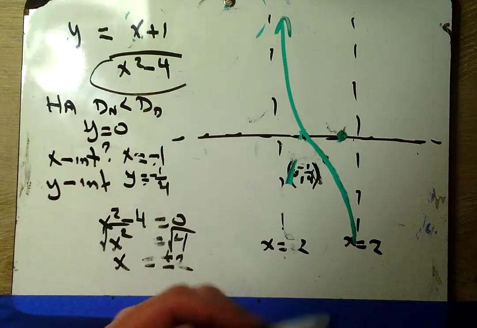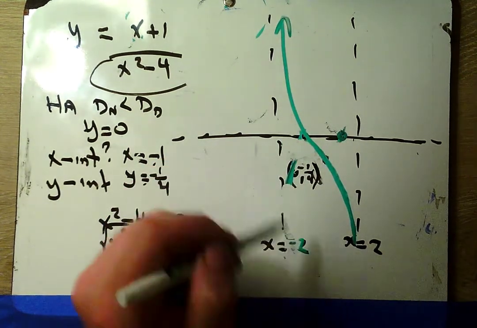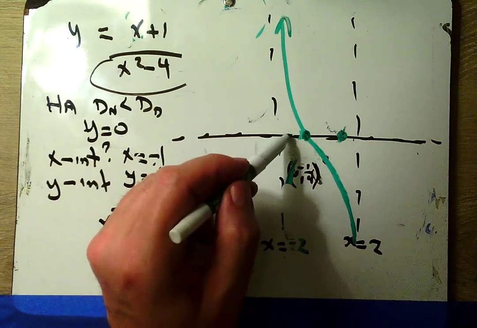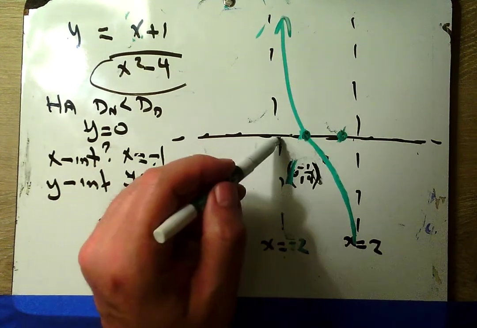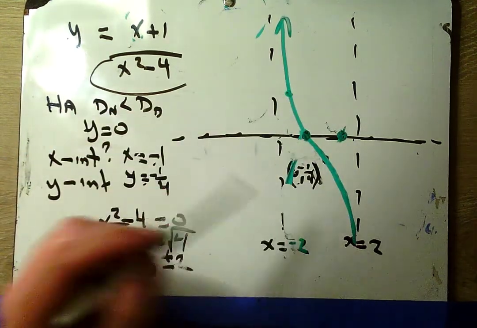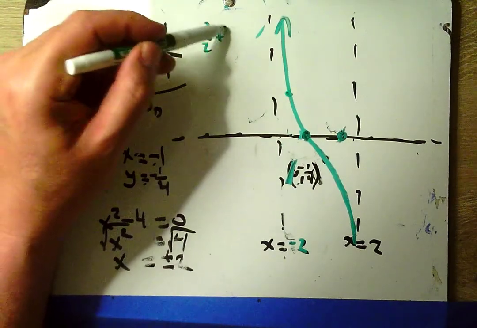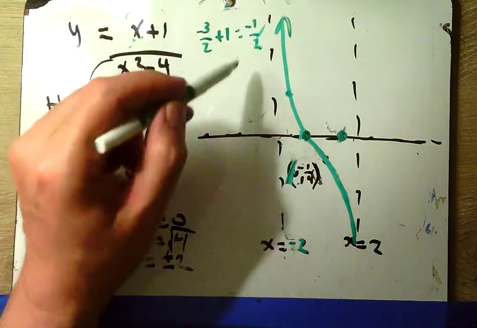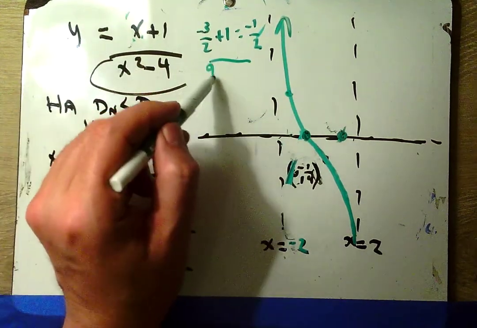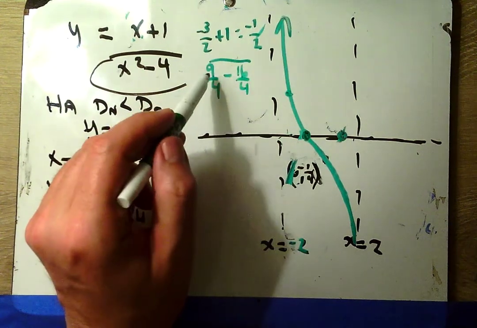Now, I don't necessarily know that it's that shape for sure, but if this is -2 and this is -1, all I need to do is plug in a value between -2 and -1 and see if my point lands here or down here to confirm that. So if I plug in a -3/2, on top I have a -1/2. -3/2 times -3/2 is 9/4 minus 16/4. And look what I'm going to have.